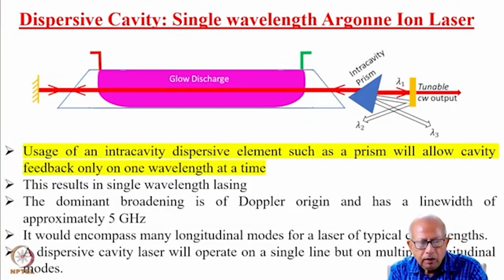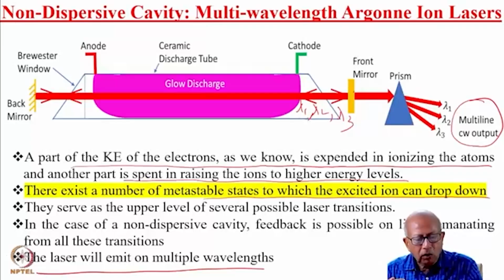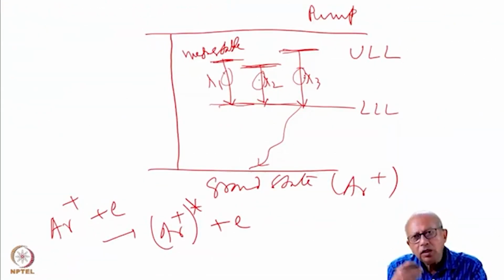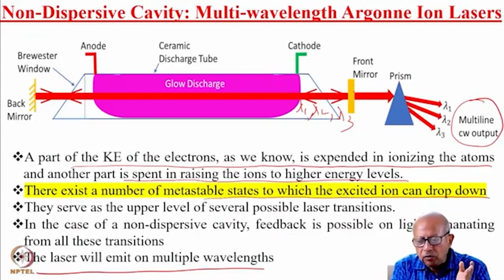Now, you use a dispersive cavity. That means you now bring that prism which was outside inside the cavity. So what happens now? You once again have created gain on all these three wavelengths, and spontaneous emission will begin on these three wavelengths, and stimulated emission will be seeded by that.